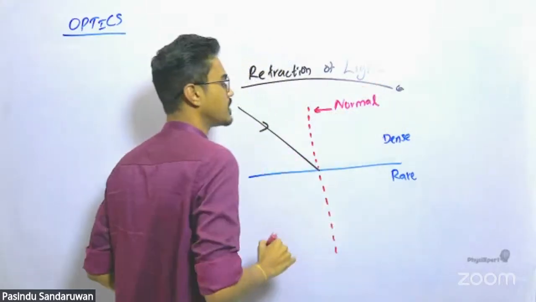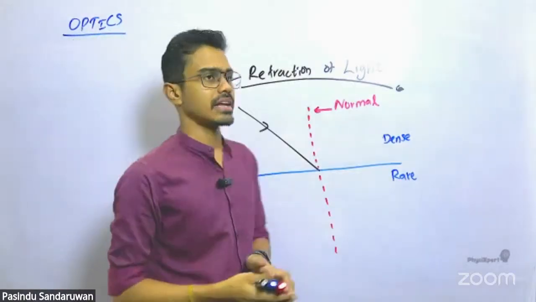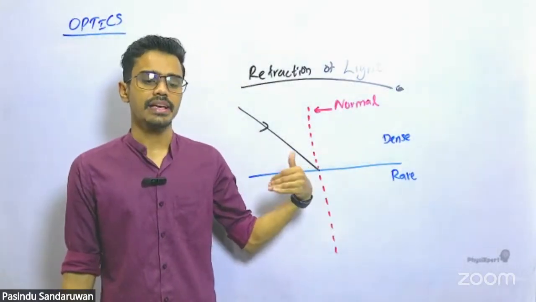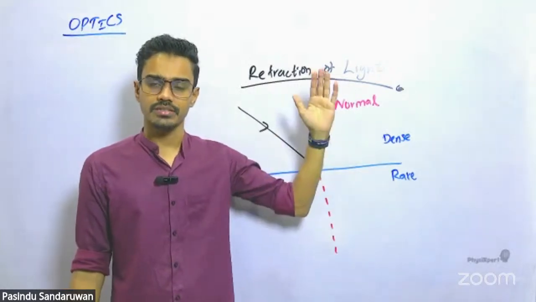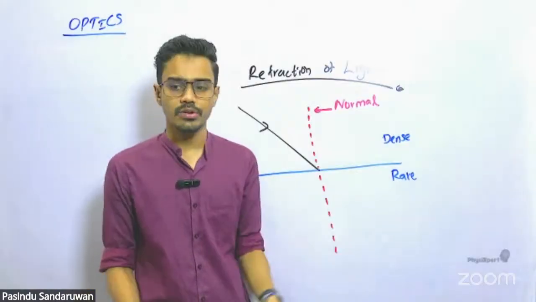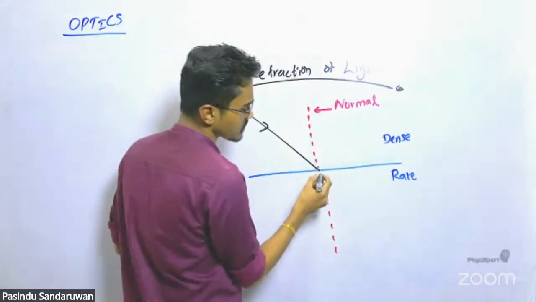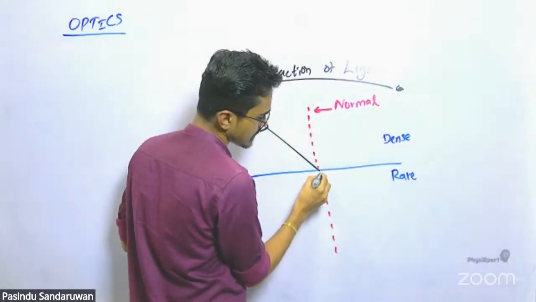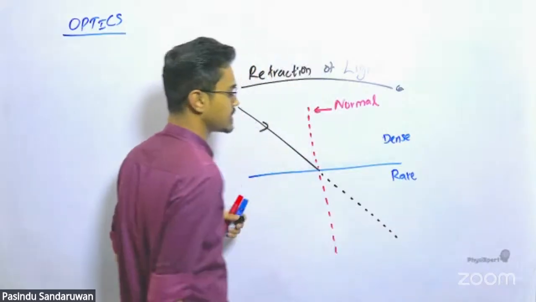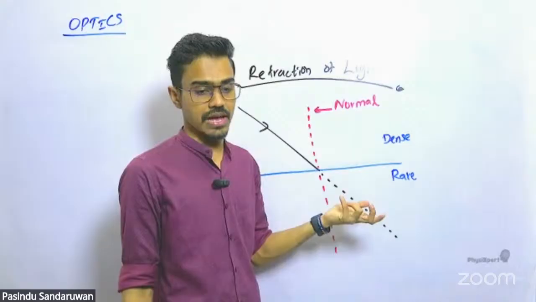That is called the normal. When a light ray travels from dense to rare, the bending is always away from the normal. Its original direction is this. Now, if it is not refracted, the original direction is this.